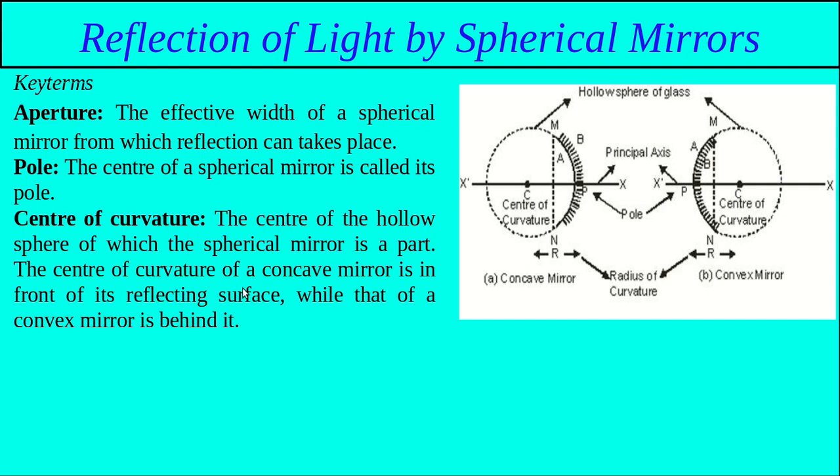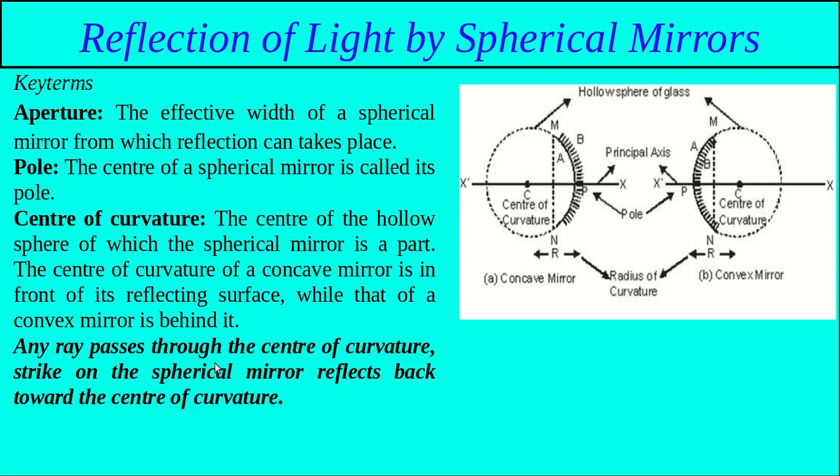The center of curvature of a concave mirror is in front of its reflecting surface, that is this side, while for a convex mirror it is behind it. This is the reflecting surface of the convex mirror, and the center of curvature lies behind this.